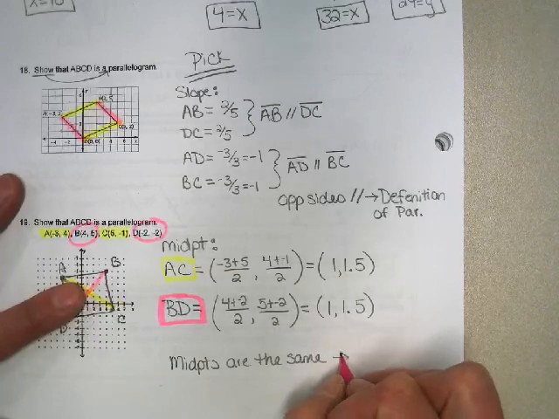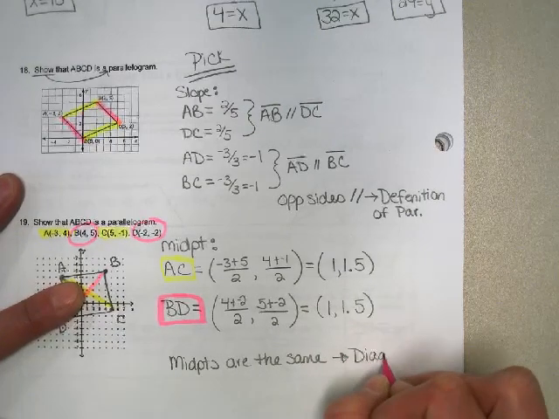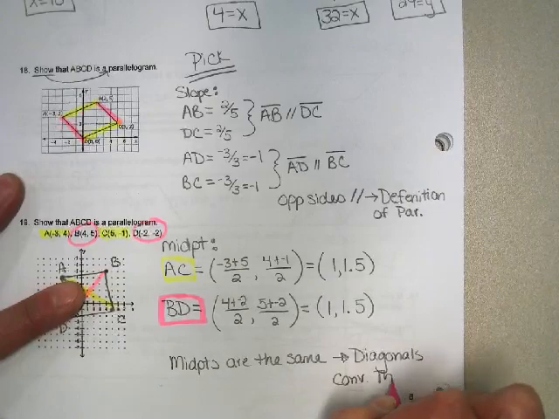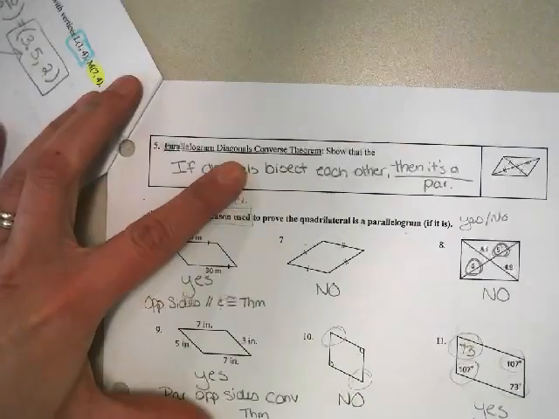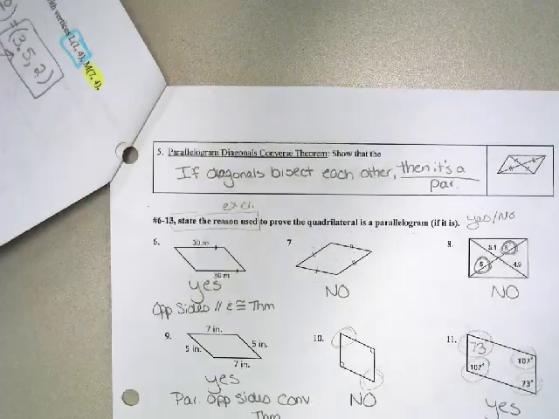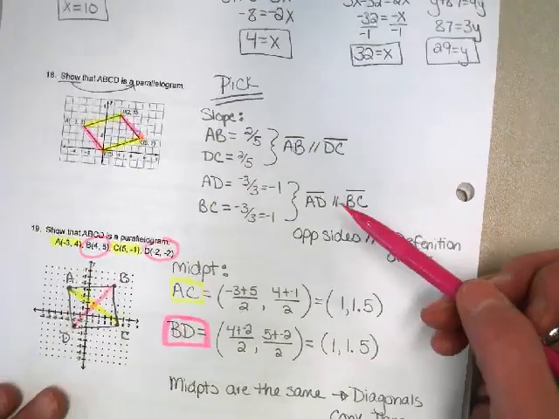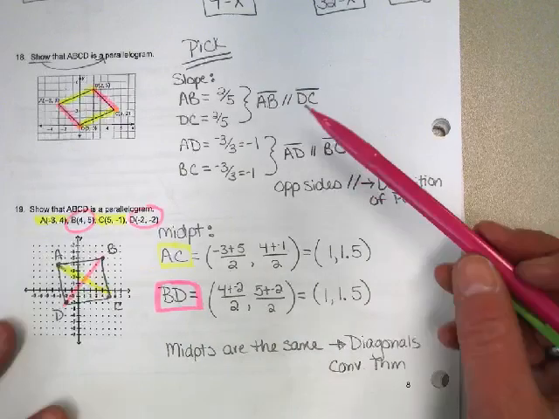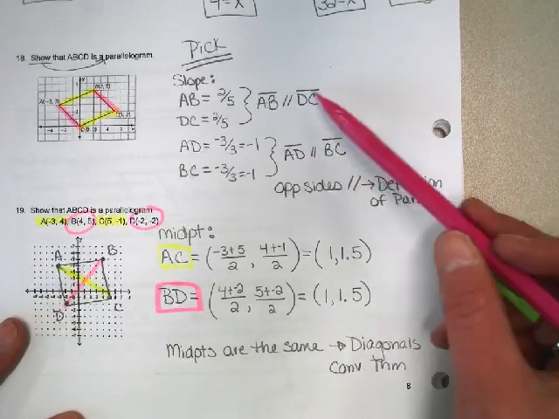So you could say midpoints are the same. I would give you that. If you want to be more formal, it's the diagonals converse theorem. And it's just this one right here. Okay?